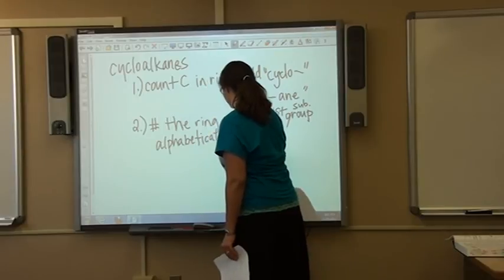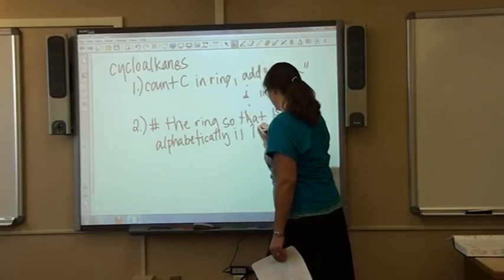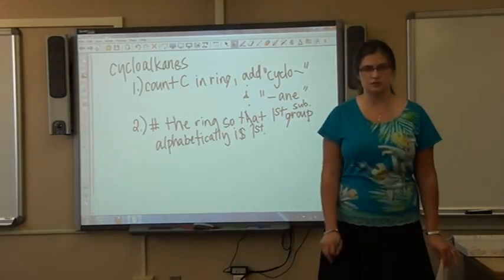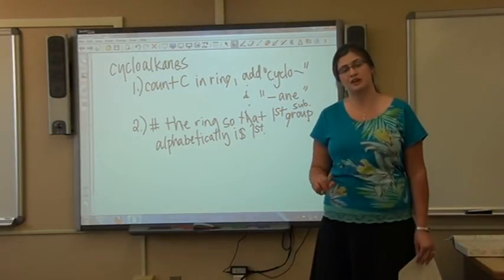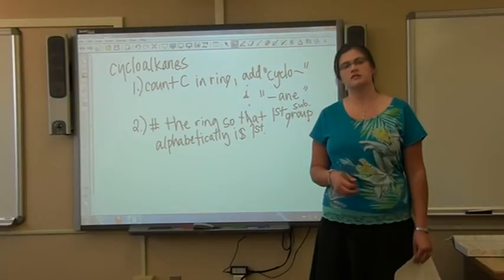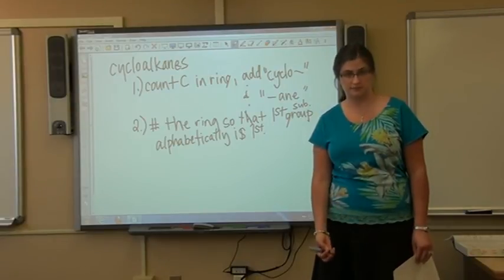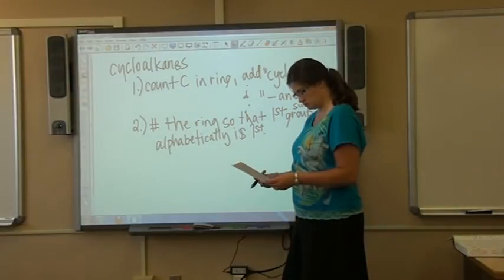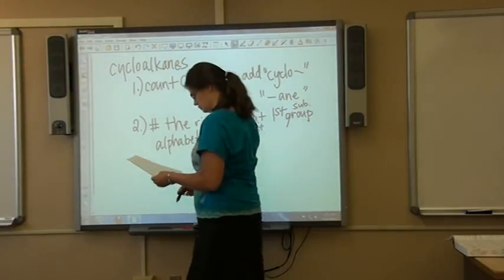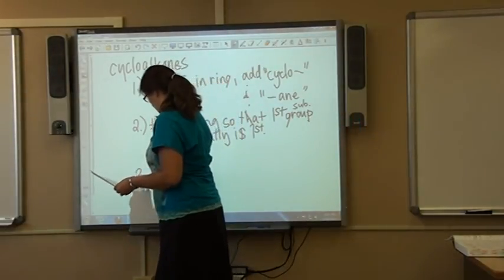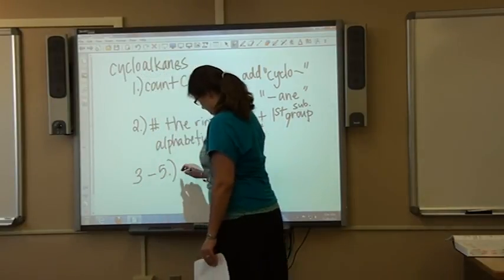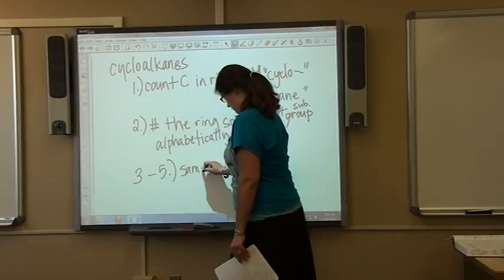It's getting to me. Okay, after I'm done writing this, I will recap this for you. Number the ring so that the first substituent group that comes alphabetically is the first number in the ring. And then steps 3 through 5 are the same as for alkanes.